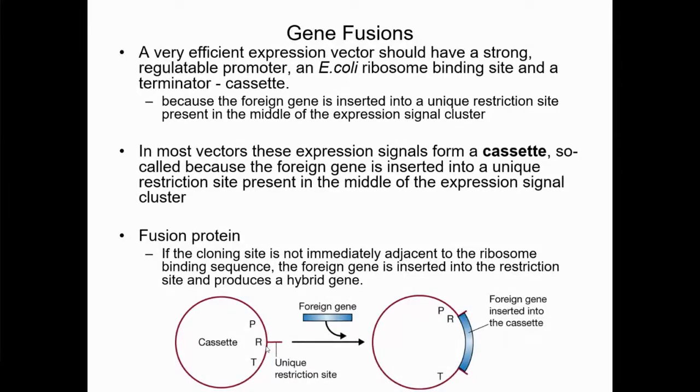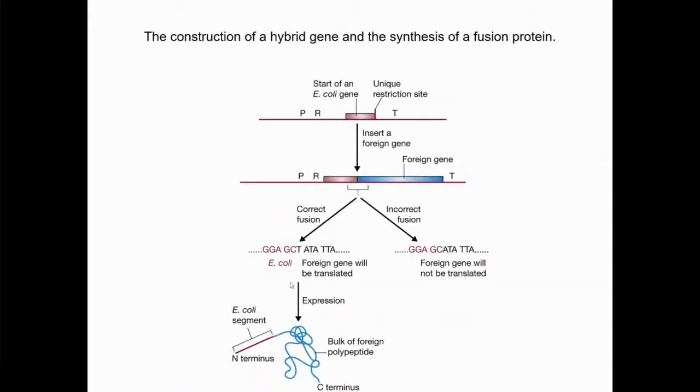That's why, if the cloning site is not immediately adjacent to the ribosome binding sequence, the foreign gene inserted into the restriction site produces a hybrid gene, called a fusion gene, fusion protein.